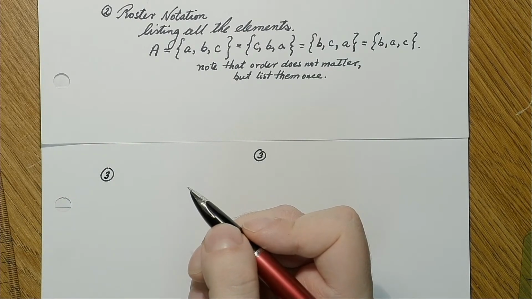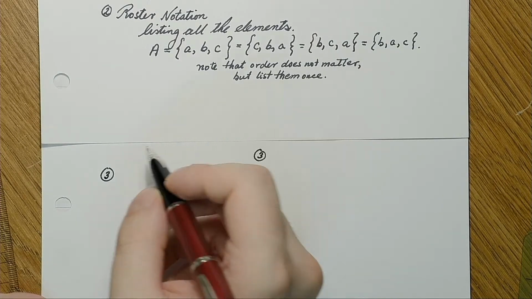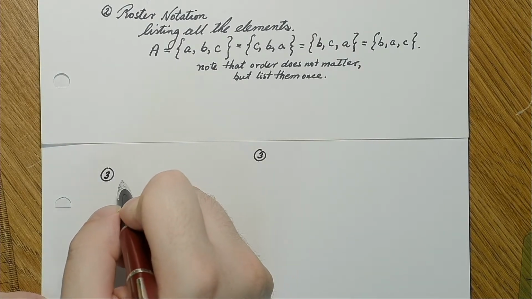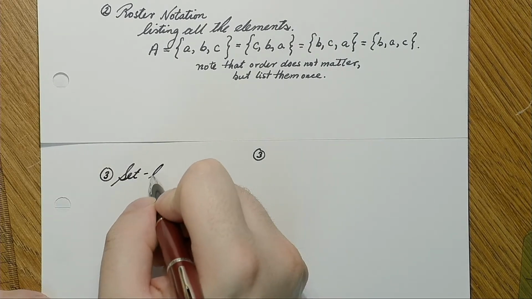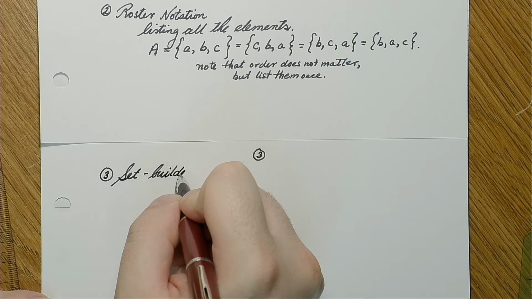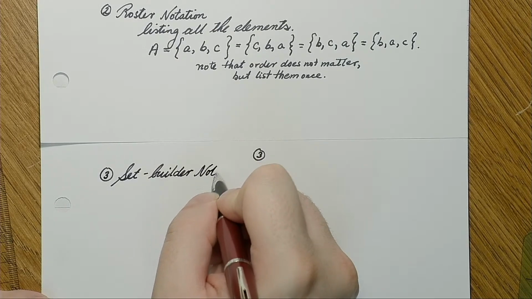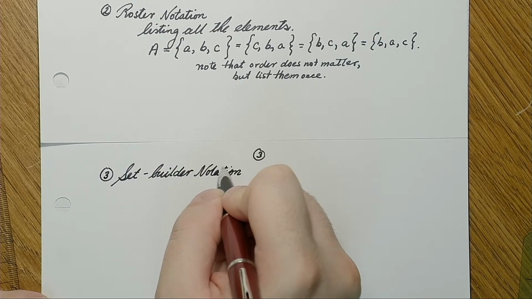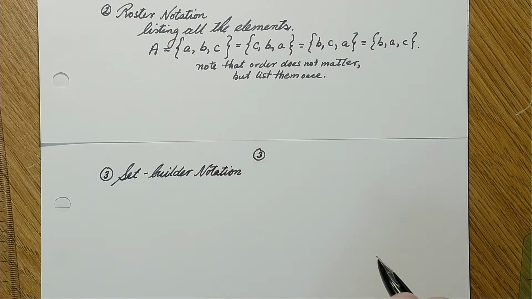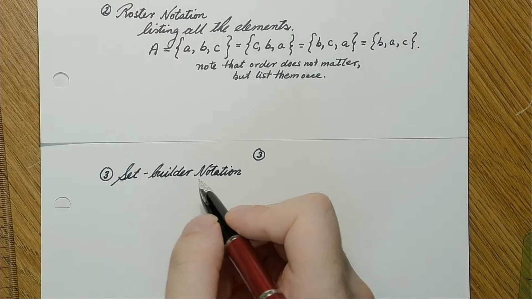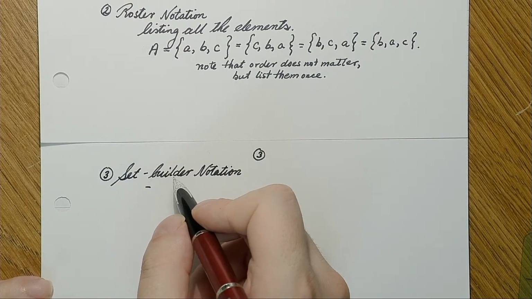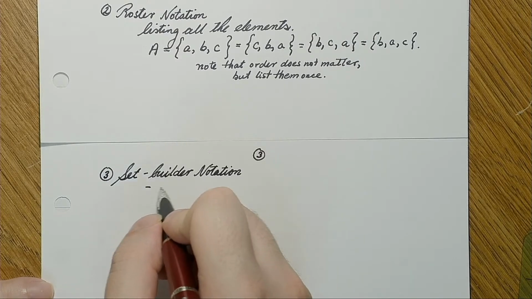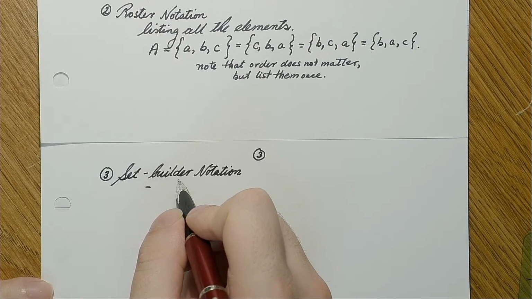Okay. The third way in this course is by using set builder notation. In this case, what we do is we give a rule that the element has to have.